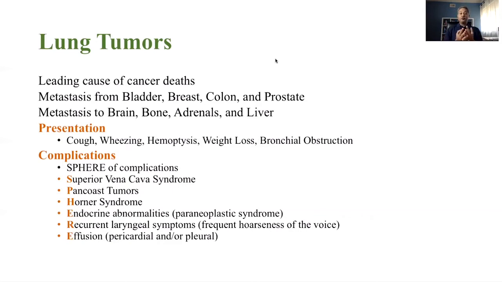There may be air fluid levels because those cavities partially drain, rupturing into the pleura or into the airways, and the air fluid levels will be seen. Of course, other signs of bronchial obstruction will also be observed.